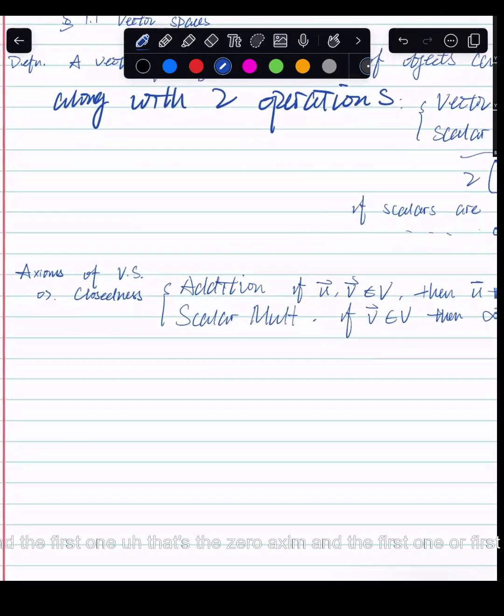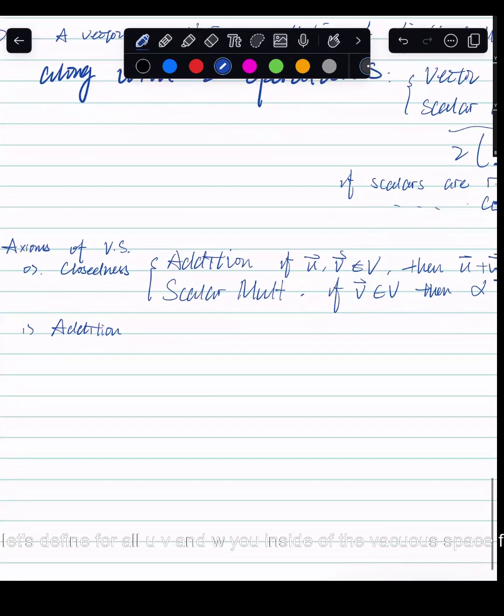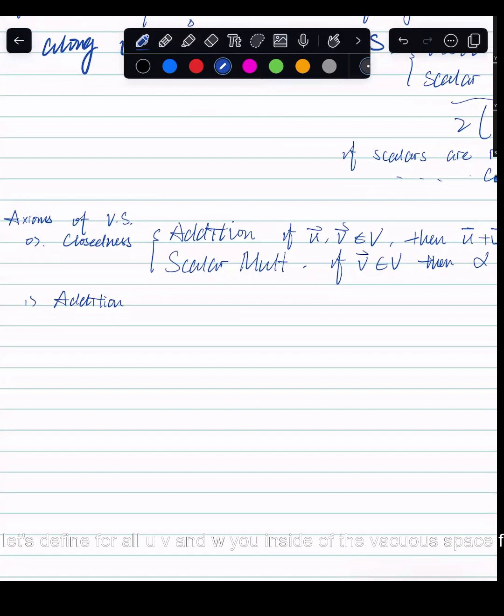Okay. And that's the first axiom, the 0th axiom, and the first four are about addition. So let's define for all u, v, and w inside of the vector space V. About addition, the first one is called additive commutativity.